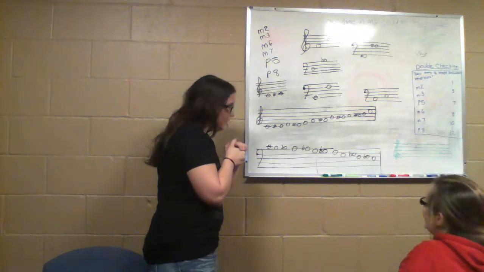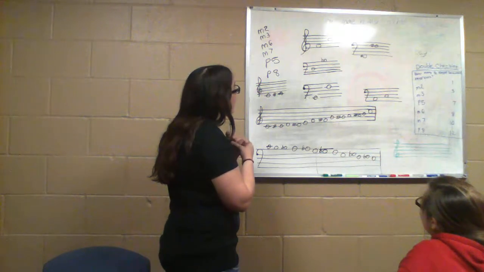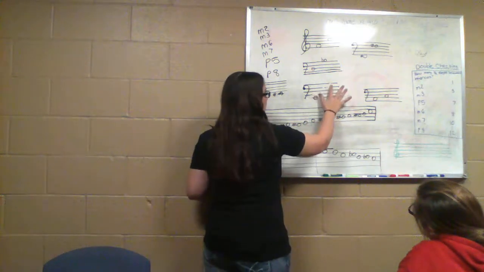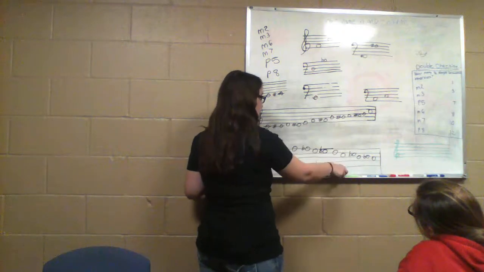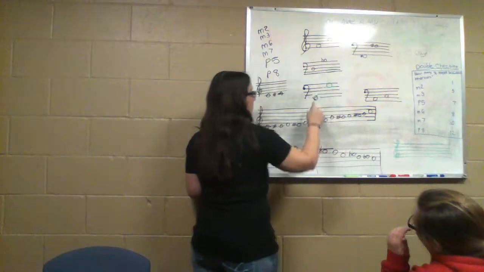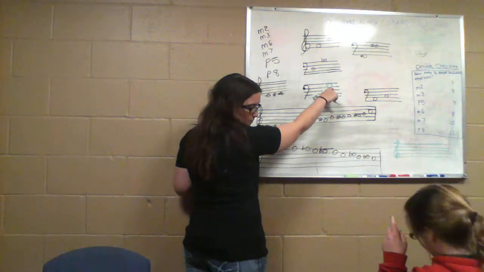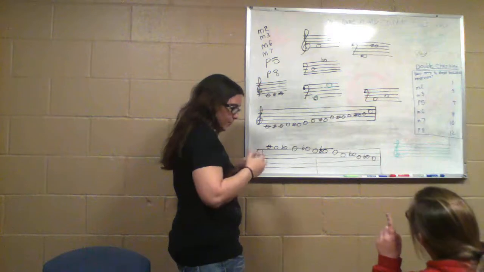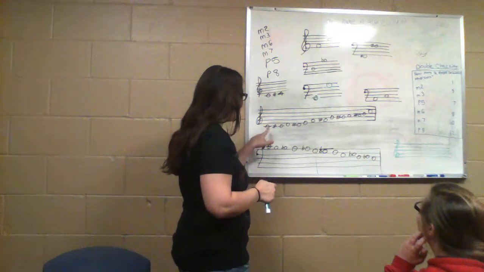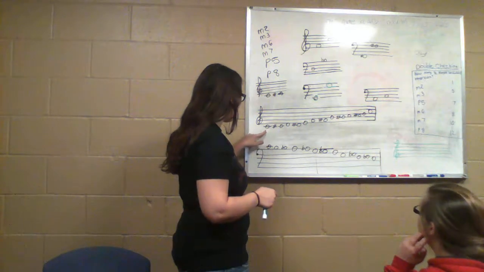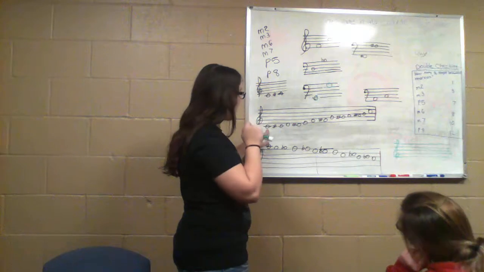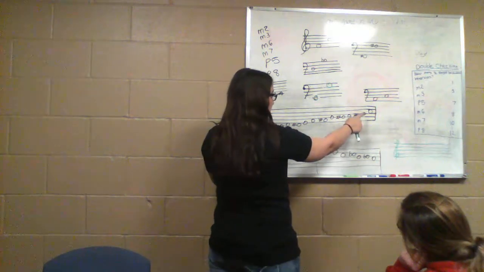Now we're going to still have the G, and we're going to change this F to a G as well. What kind of interval is that? Perfect octave. Perfect. Okay, so why don't we take this C and go to this A sharp.